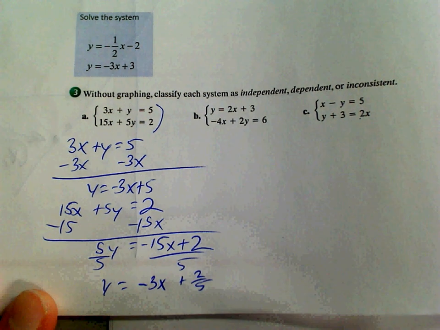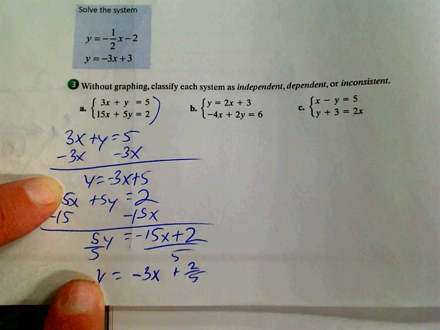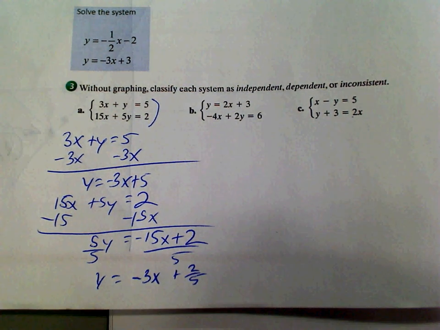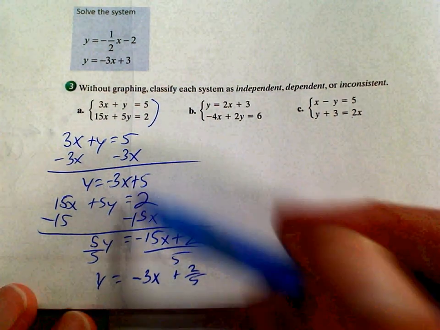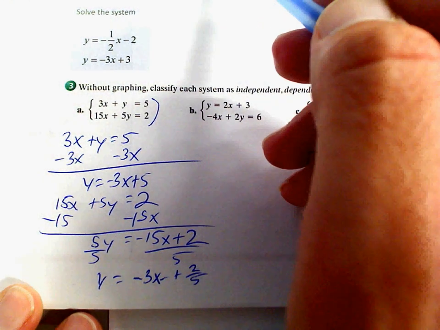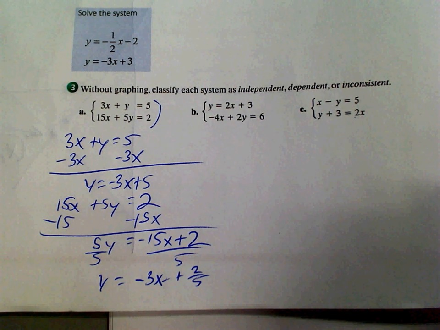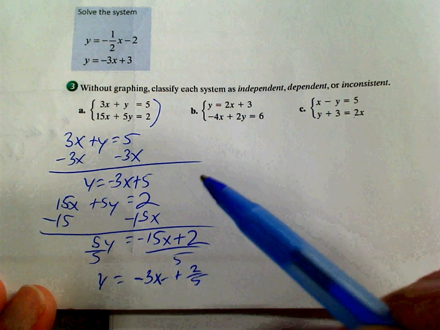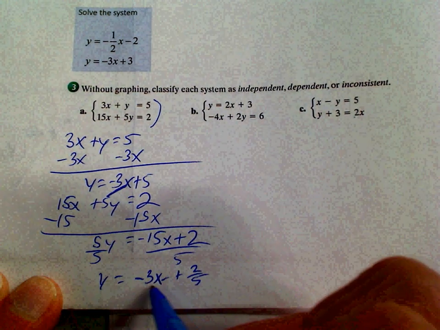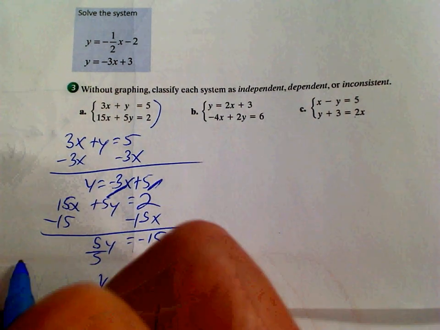So when you look at these two lines, are they going to cross? Are they going to be the same line, called dependent, or are they never touching, inconsistent? I hear some inconsistent, and how do you know that? Same slope, different y-intercept, so this is inconsistent.